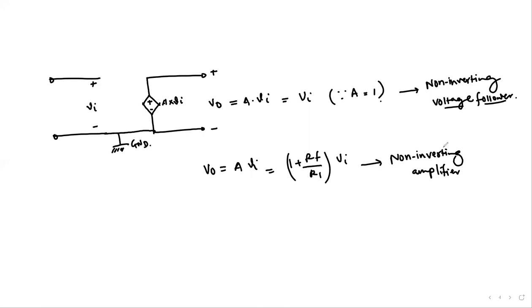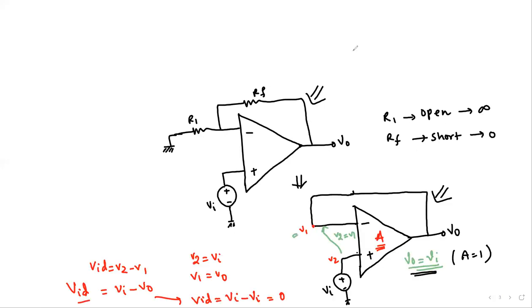That's how this circuit is termed a voltage follower circuit, because we see that the output voltage follows the input voltage. VO equals VI when we have this configuration, where the output is fed back to the inverting input and the signal input is applied to the positive terminal of the operational amplifier.